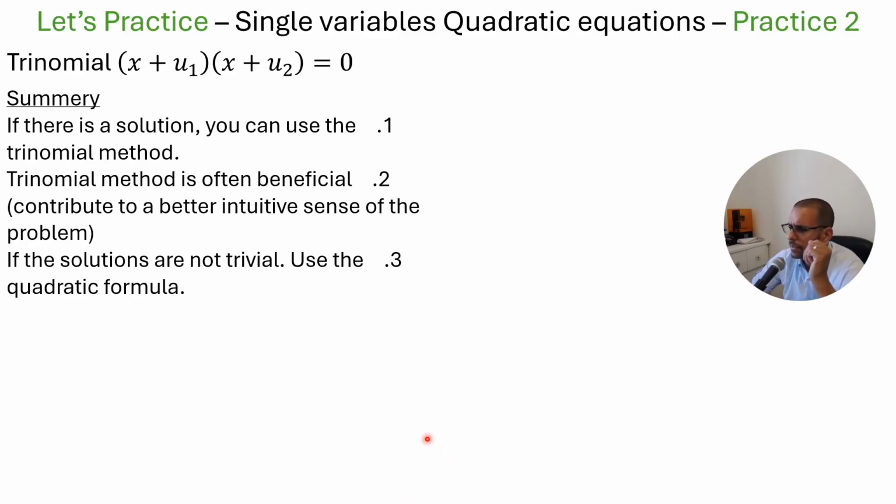So don't worry about it. Also, if the solutions are not trivial, meaning they are irrational numbers or hard fractions, the quadratic formula can be beneficial, just for time purposes, so as not to waste a lot of time guessing what u1 and u2 are.